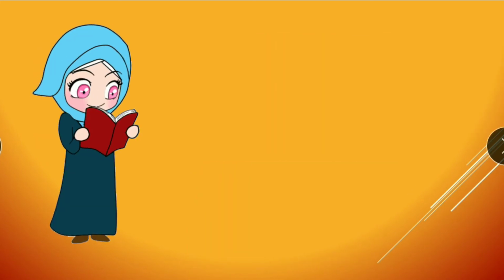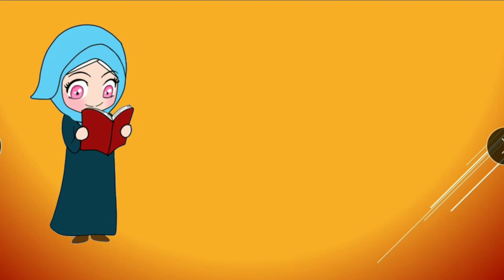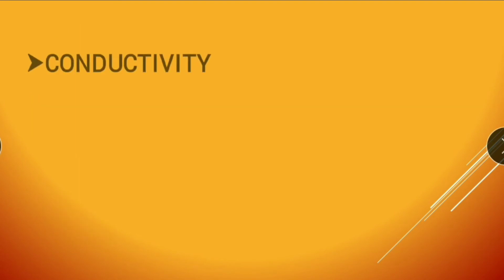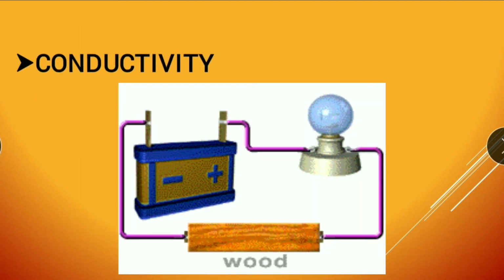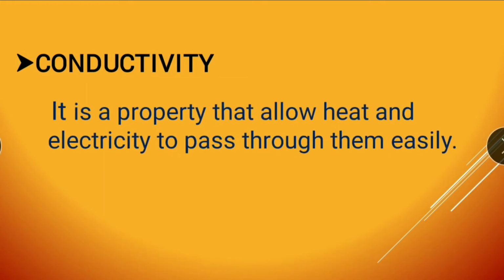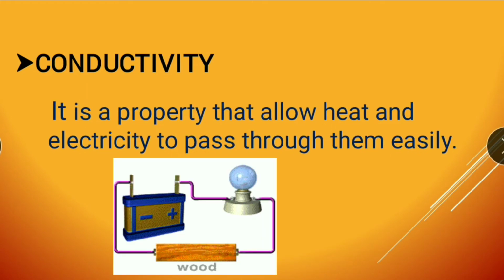Understood? Okay. Now let's know about one more property, that is conductivity. Students, you might have studied in previous class also that metals are good conductors of heat and electricity. This means that metals allow heat and electricity to pass through them easily.